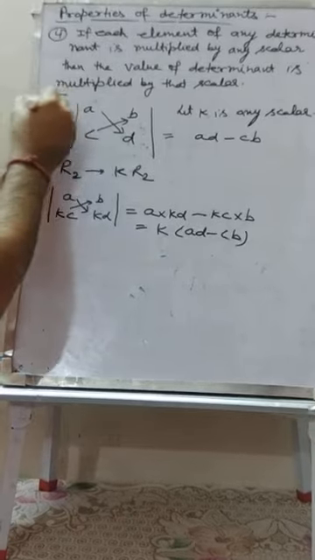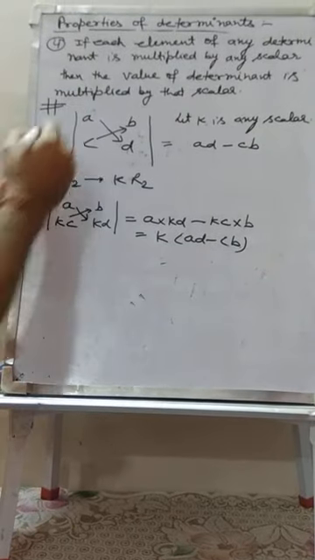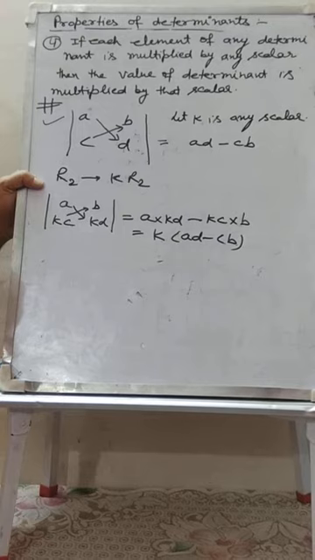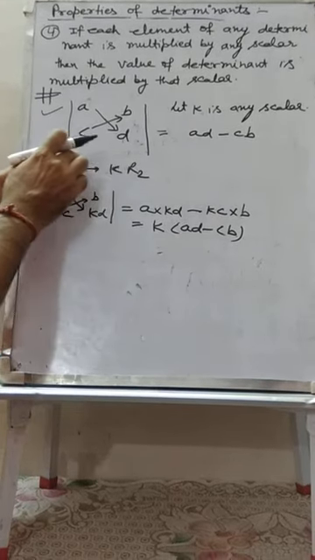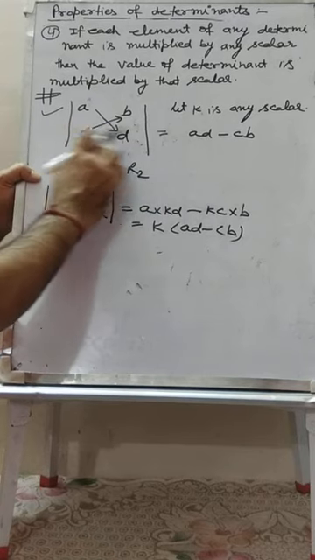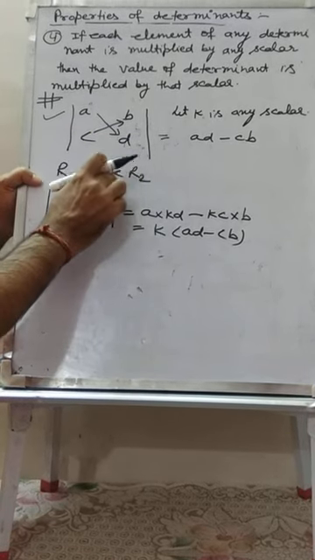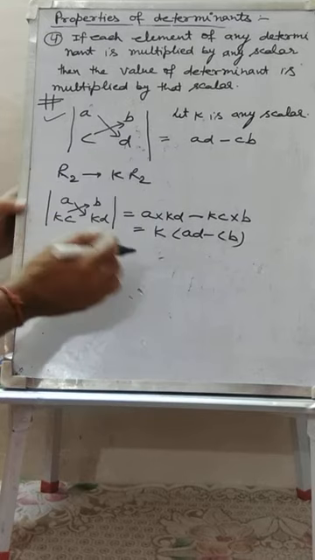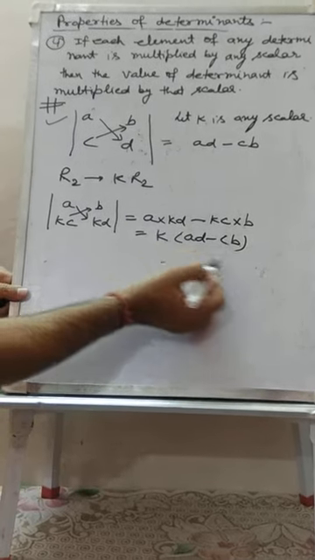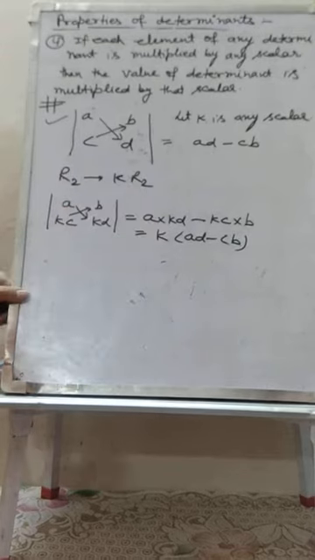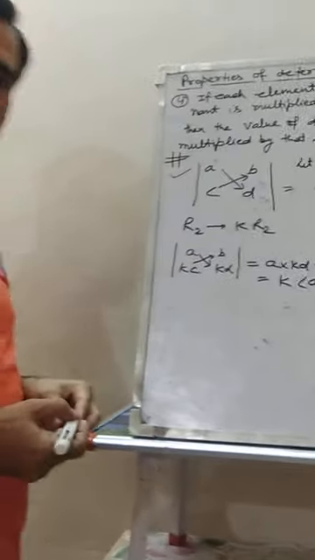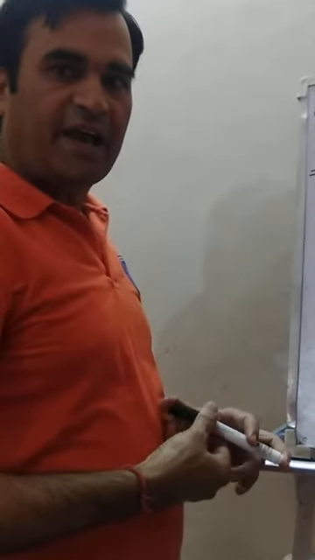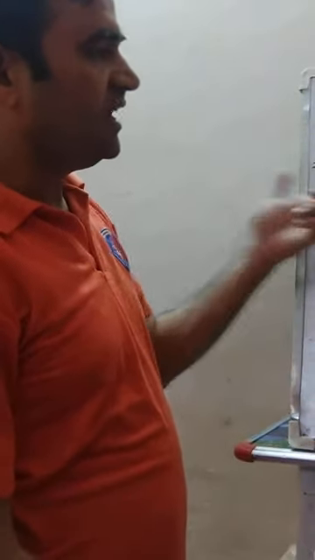So what we understand from here? This was the original determinant. Its value was AD minus CB. We multiply the elements of the second row by any scalar k. Then the value of the whole determinant is multiplied by that scalar. So we can multiply any row or any column by any scalar.